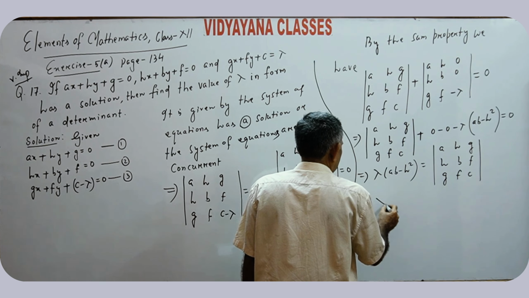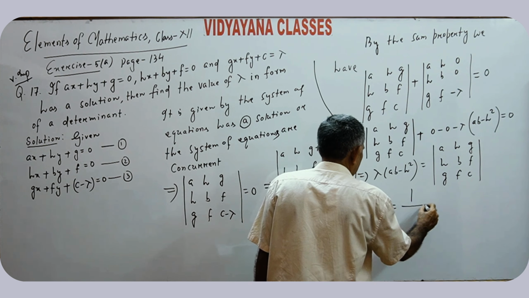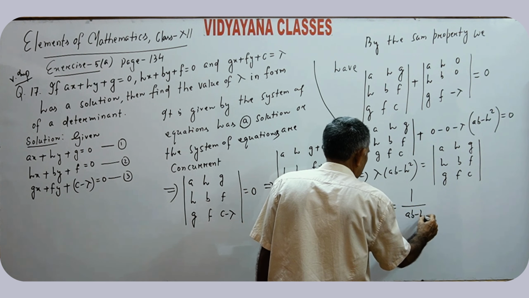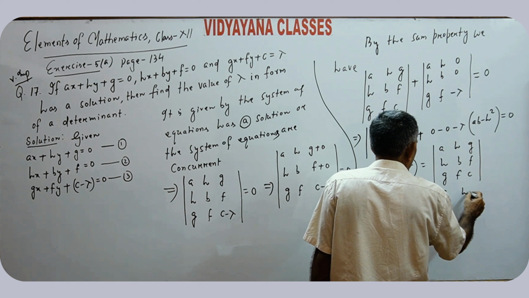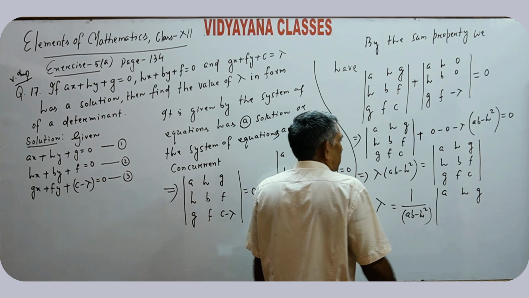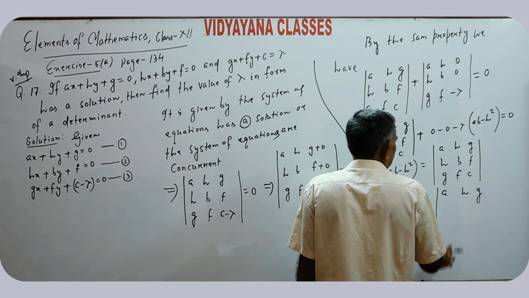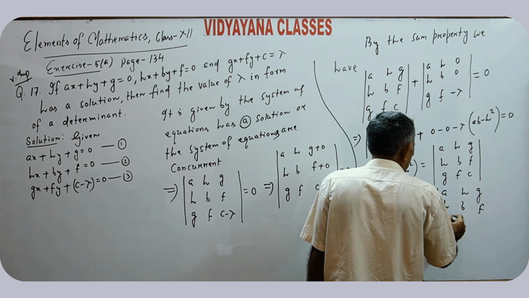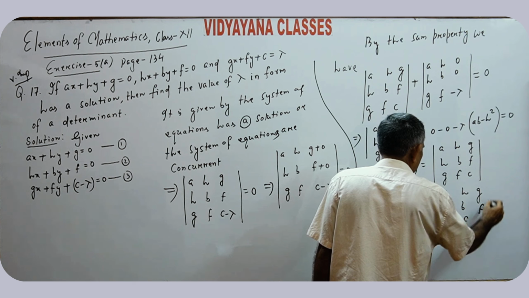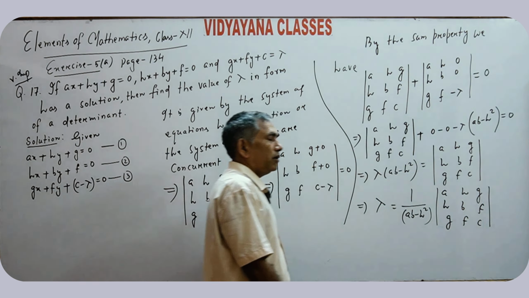Which implies lambda is equal to 1 divided by AB minus A square into a determinant having elements AHG HBF GFC. Clear?